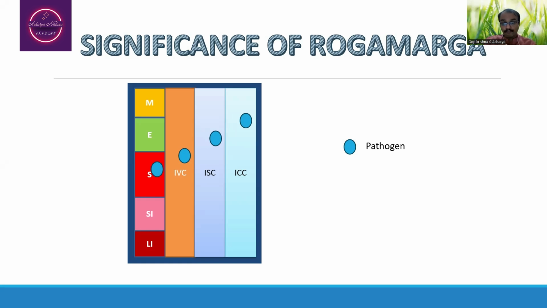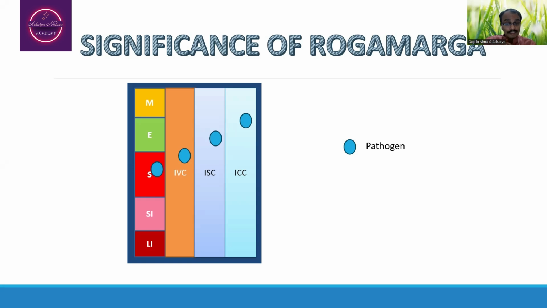Whereas if the pathogens are present in the intravascular compartment as well as in the alimentary canal, that requires a much more intense line of treatment. So more treatment may be necessary. That means if the person is not getting adequate treatment, it may be comparatively difficult to cure. If the pathogens are present in the interstitial compartment, as well as the intravascular compartment and the alimentary canal, that is even more difficult to treat.